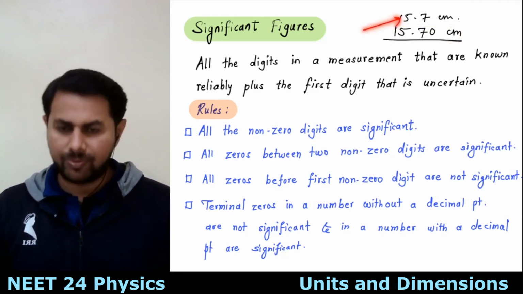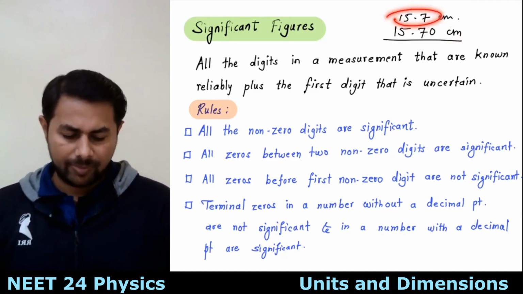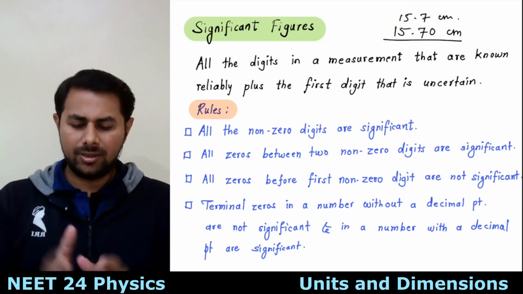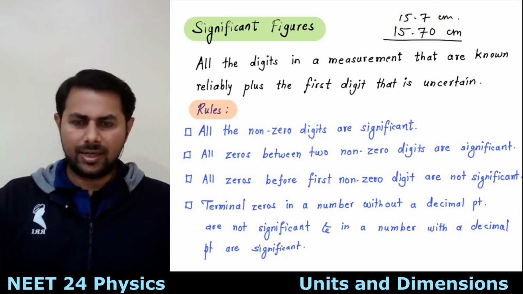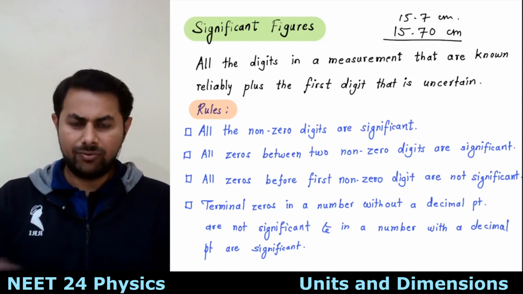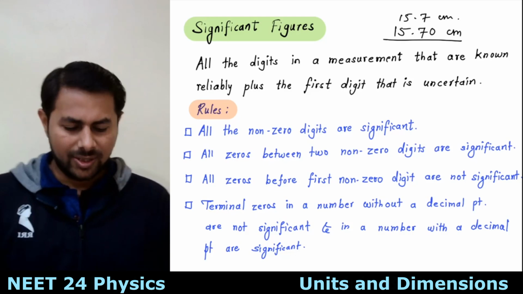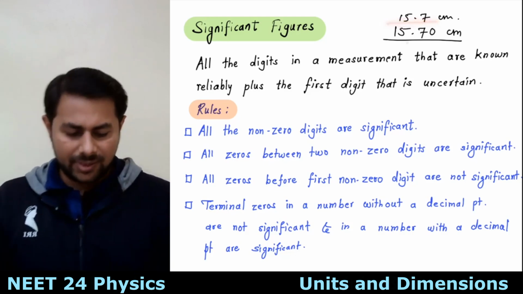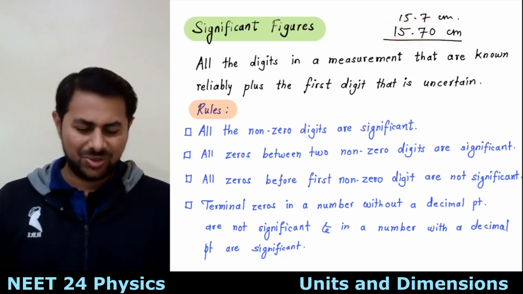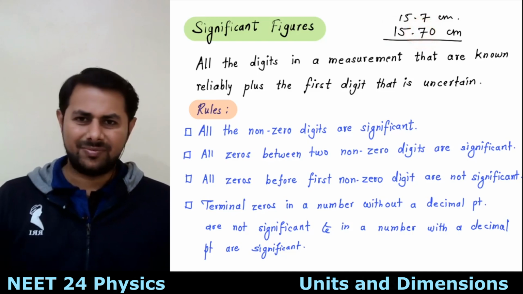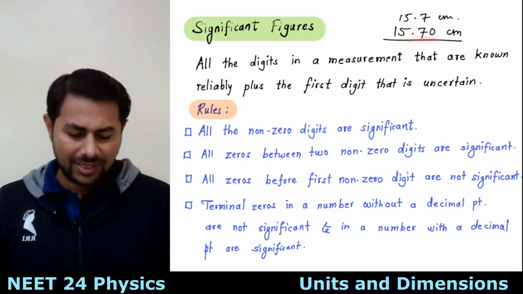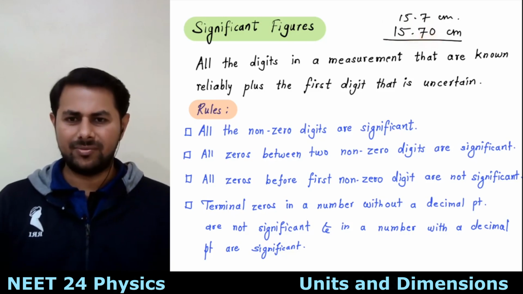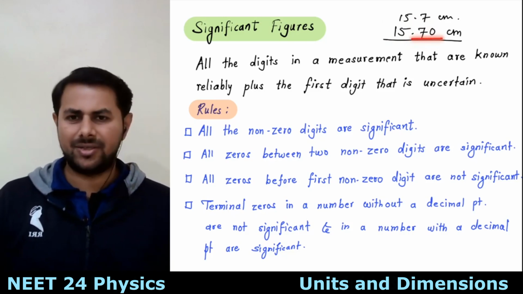So this is a matter of precision, right? If I say 15.7 centimeters, the reading has been taken with the normal scale, your centimeter scale actually, which you keep in your compass box. And this reading can't be taken using the centimeter scale. Here the device used is the vernier caliper. This is a more precise instrument.